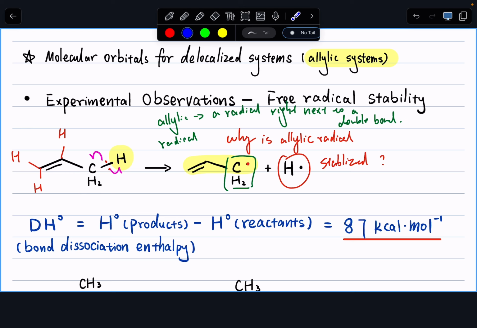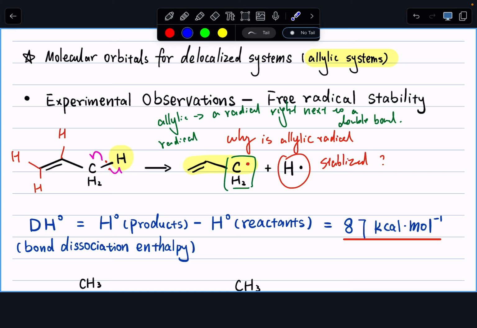All right. Let's move on to talk more about the allylic radical. Later on it will come back and make more sense to you why the allylic system is so special. The whole point of studying the allylic system is because it is special. It has very high stability. This radical itself is very stable.